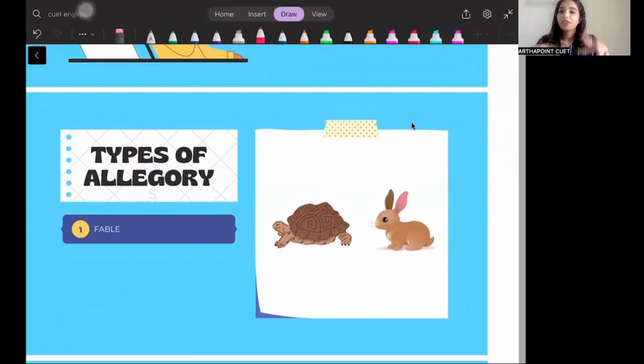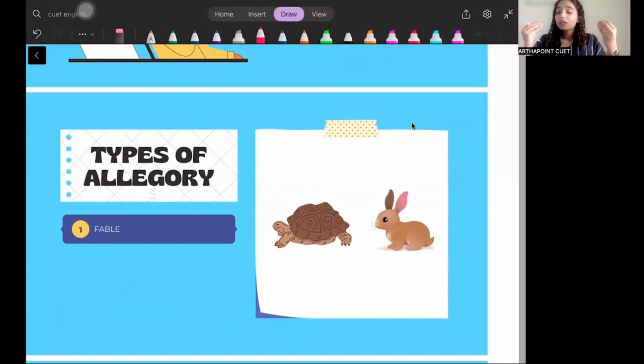The hare is very confident, not just confident, the hare is overconfident. Therefore it sleeps during the race and eventually the tortoise wins. This is the story everyone has heard.